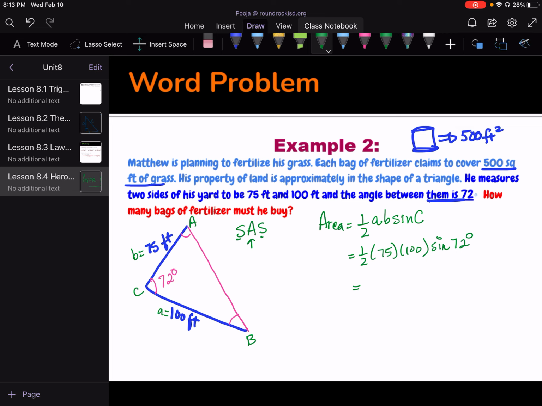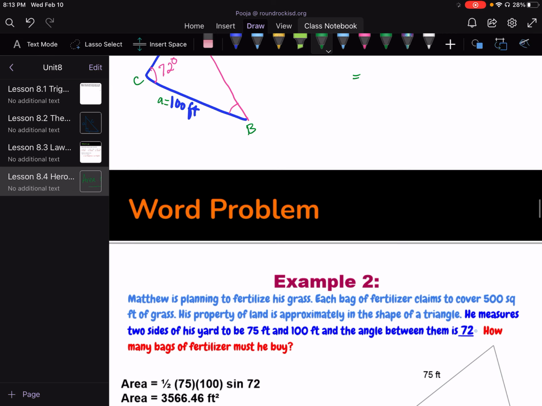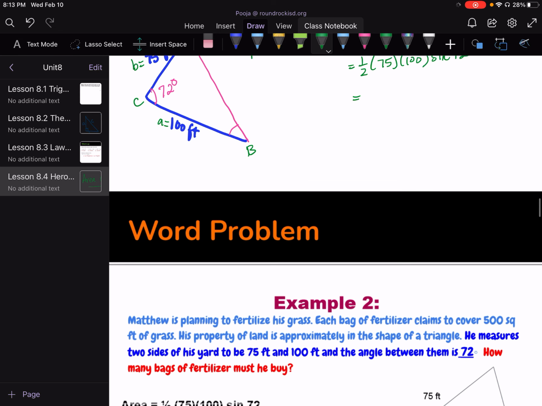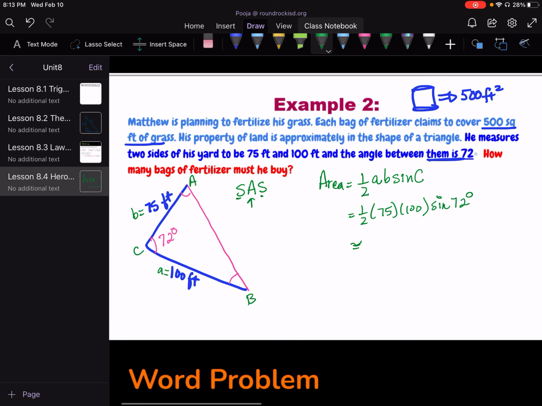And you can simply pick up the calculator from here. Once you plug all that in, it'll turn out to be 3566.46 feet squared area. So we did find the area of the property, which means this entire zone.